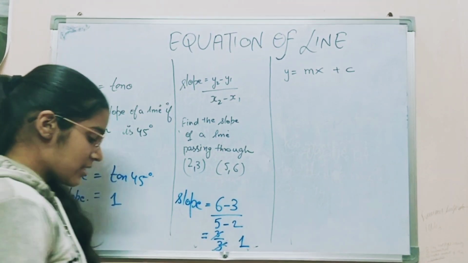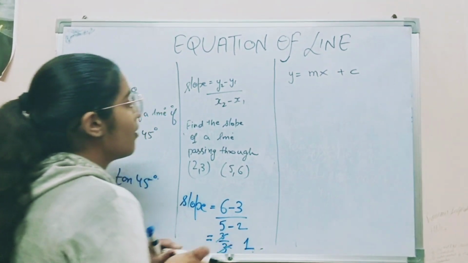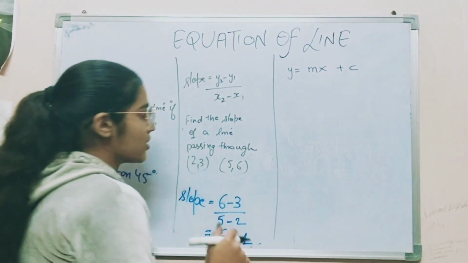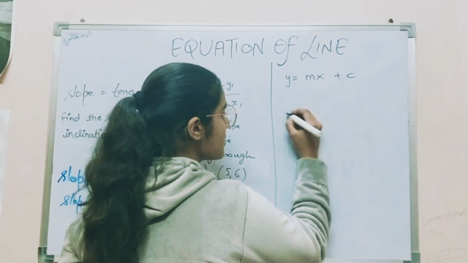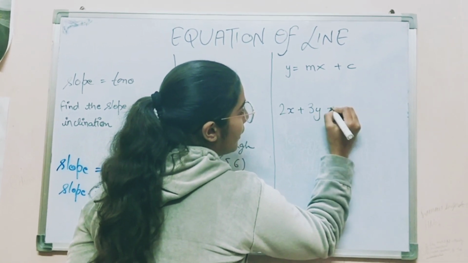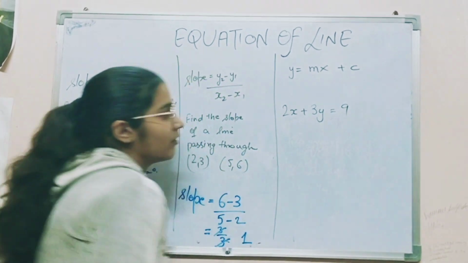Now in the last, we again have to find the value of m. Suppose that in the question an equation is given to us, that is 2x plus 3y equals 9. Okay.